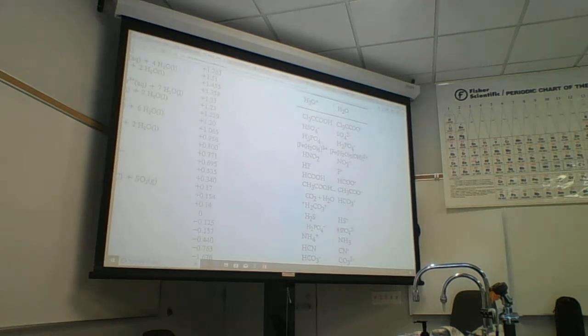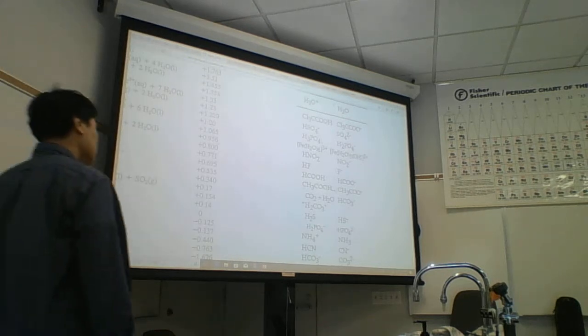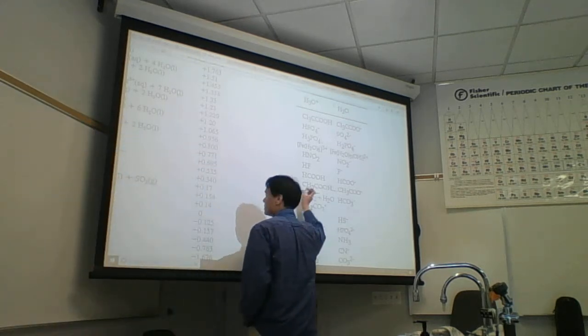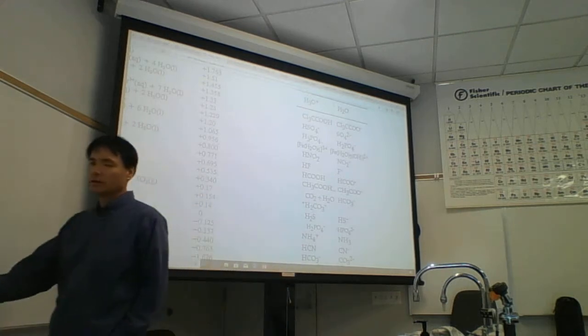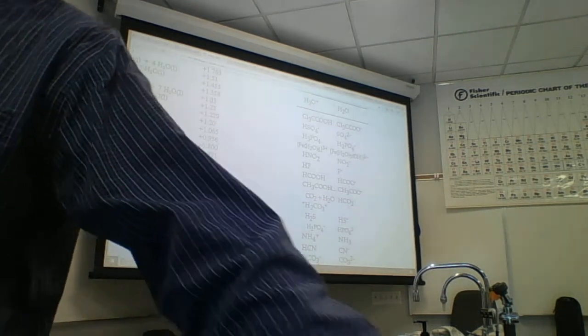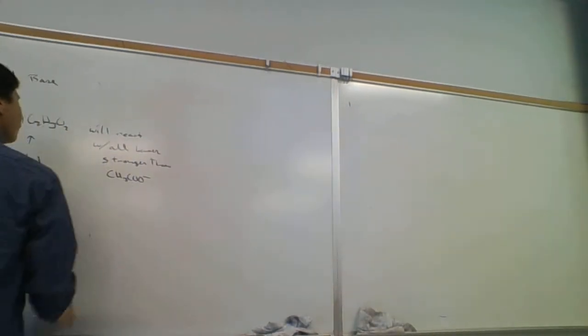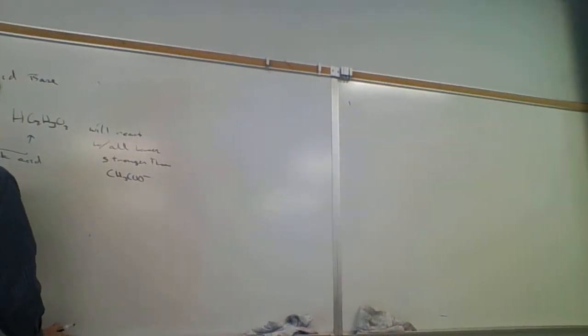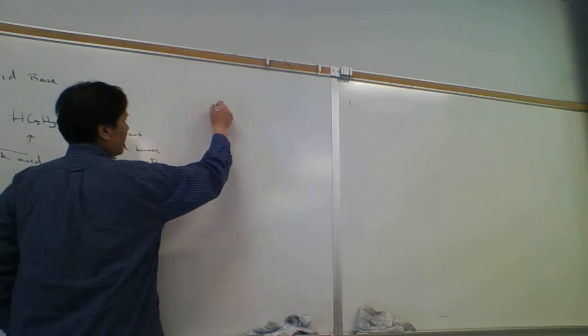Since this stays together, we could treat acetate as a base. But acetic acid kind of stays together. Weak electrolytes don't really break apart to a large extent. Just leave it there. Then we go on to redox.